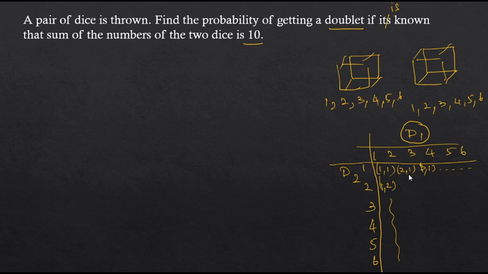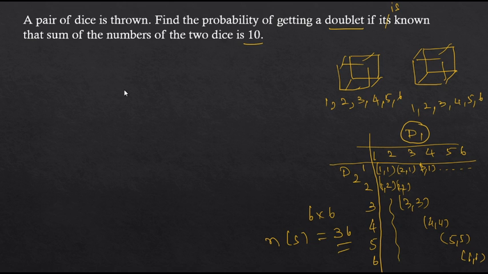Diagonally you will have 1, 1, 2, 2, 3, 3, 4, 4, 5, 5, and finally 6, 6. So these will be the diagonal elements. Likewise you will get 6 into 6, that is 36 elements, which is the number of sample space elements in case of two dice throw.